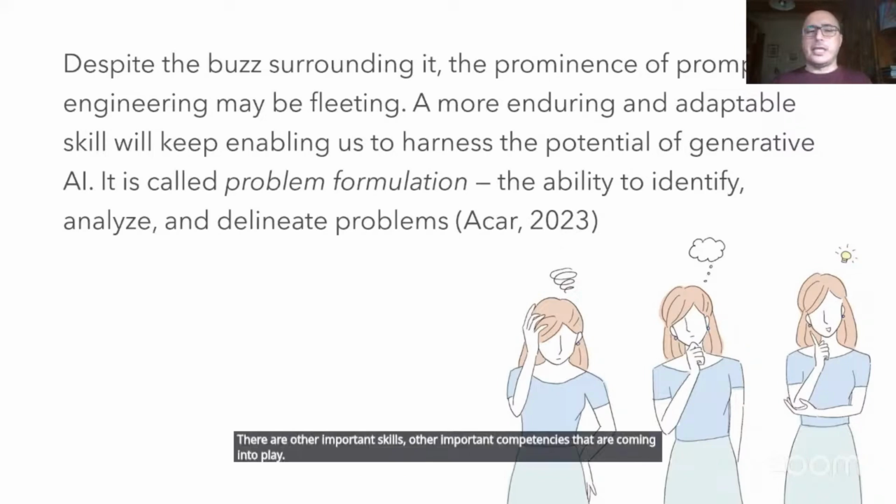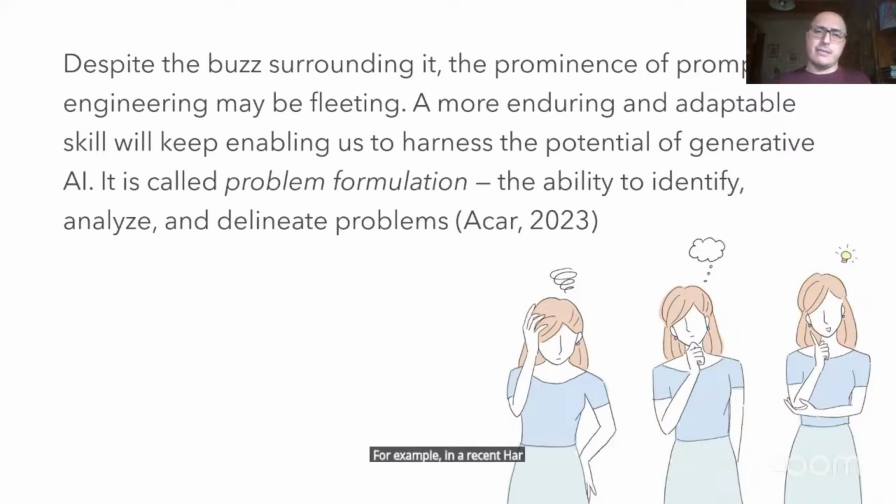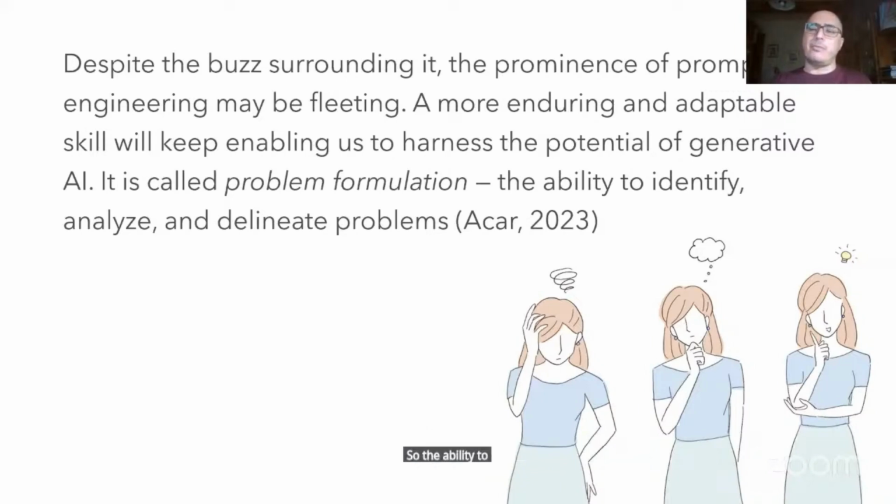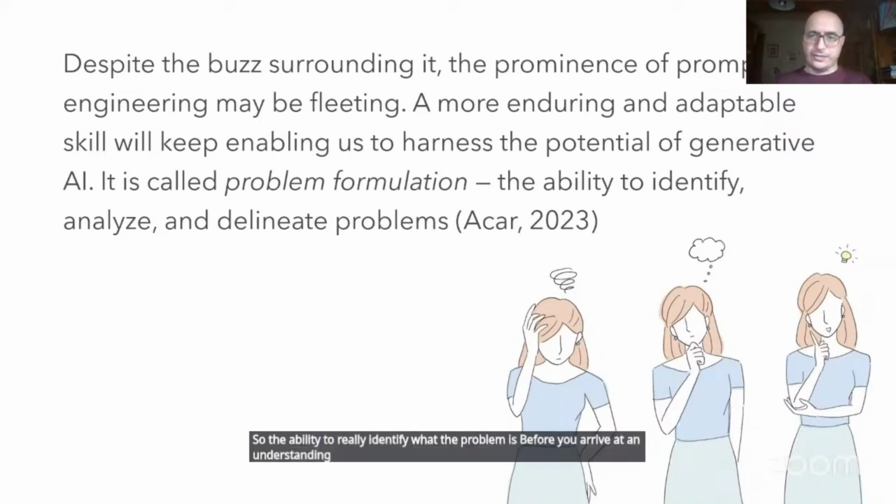For example, in a recent Harvard Business Review article, the author talks about problem formulation. So the ability to really identify what the problem is before you arrive at an understanding of what the objective is.